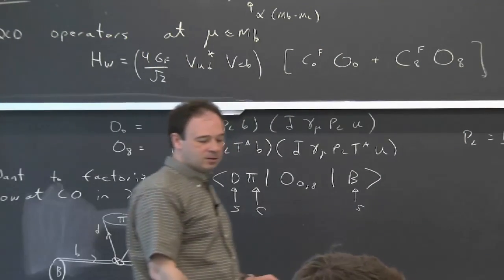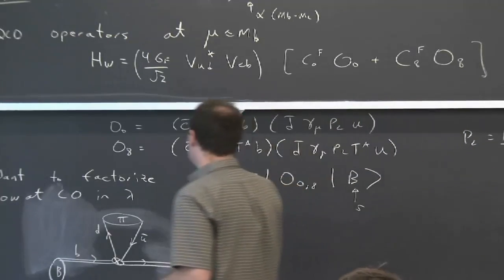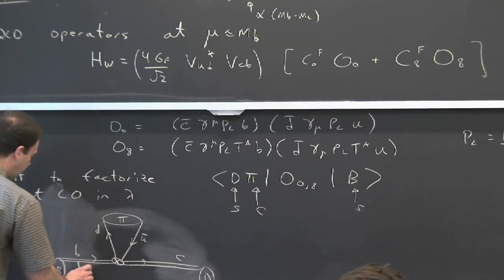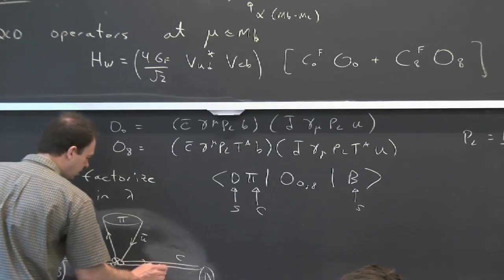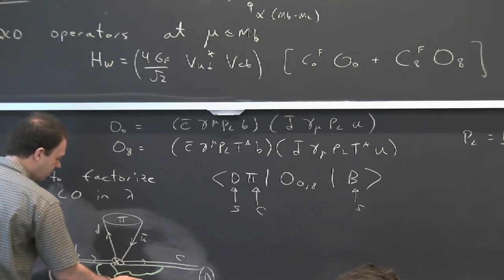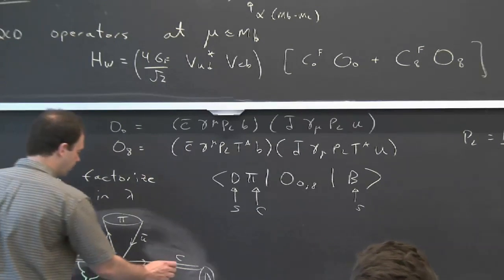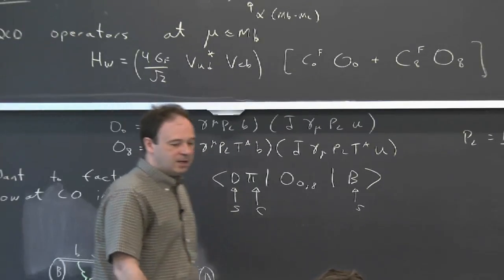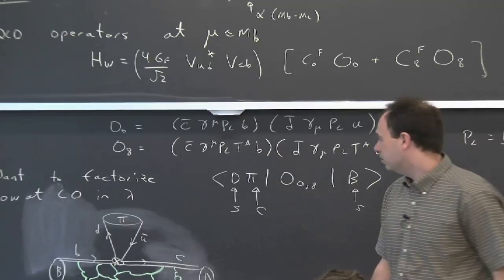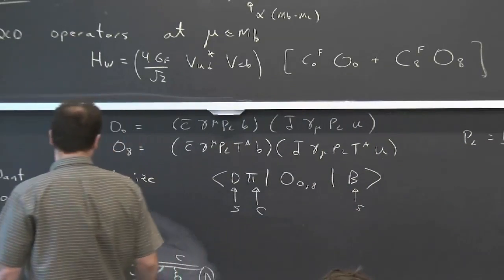And if it's going to factorize, then the way that we should dress it with gluons is as follows. We would have soft gluons here, and they could interact between things in the B and the D, because the B and the D are both soft. And we can also have vacuum polarization diagrams. And that is going to factorize from things in the pion, which are going to be collinear.